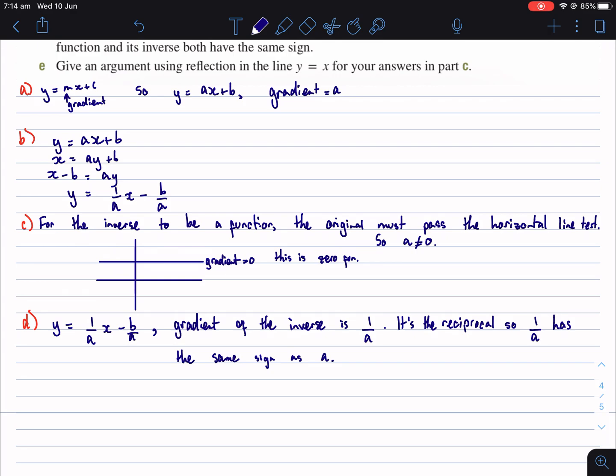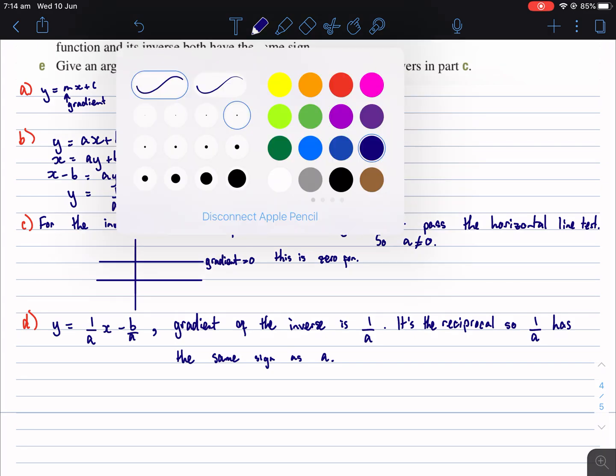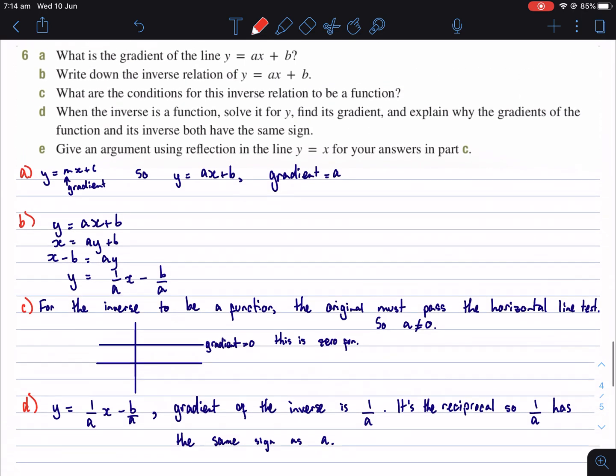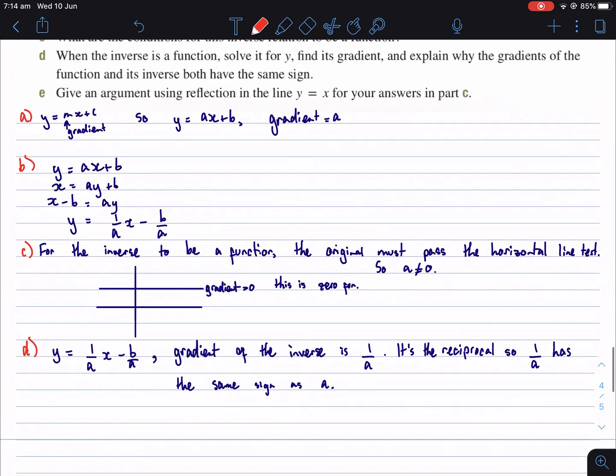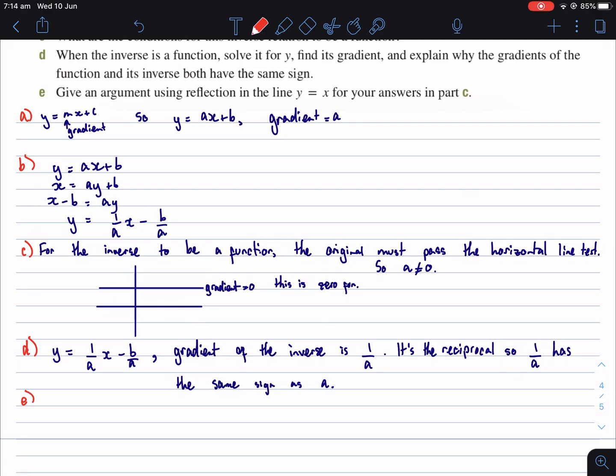Give an argument using the line y equals x for your answers in part C. What was my answer in part C? Well, if it's reflected in y equals x, this means for the initial one, the gradient was rise over 1.